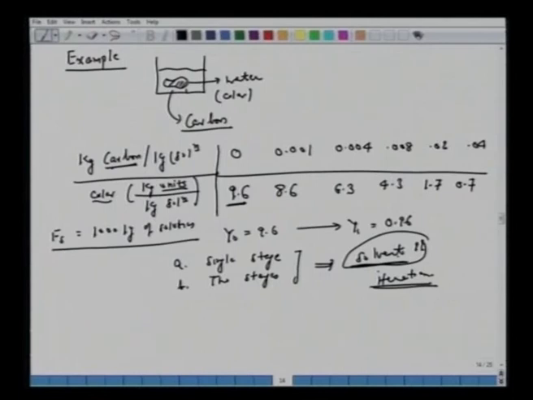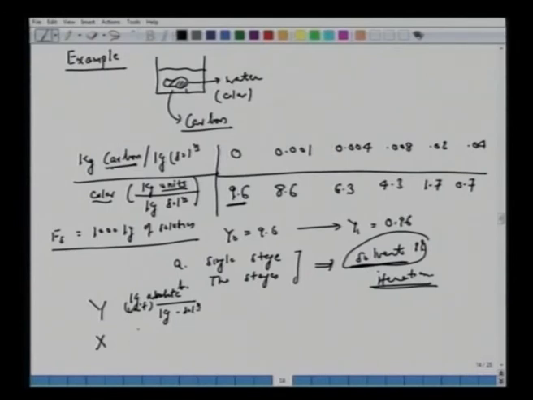The first thing here is that we must convert this unit the way we have done earlier. So we have this y and x, where we write y as kg of, say, adsorbate. The adsorbate is color here, either kg or some unit. So here we have color, adsorbate per amount of solution.